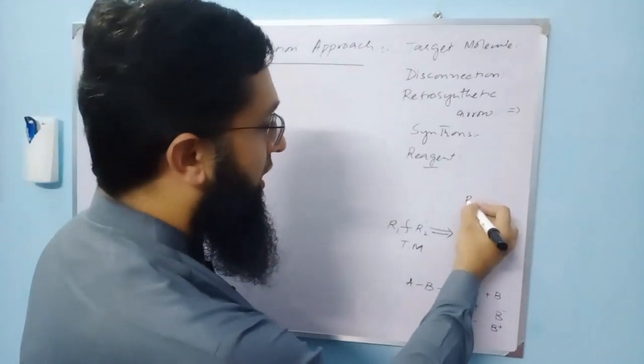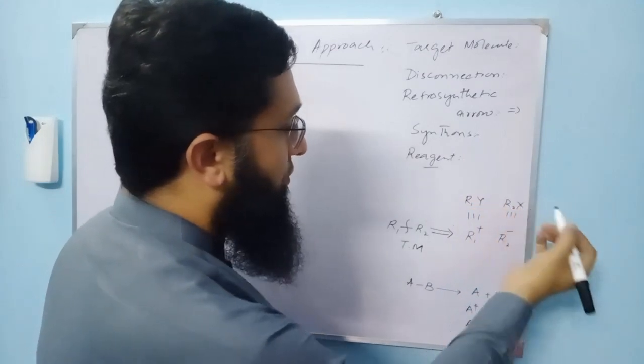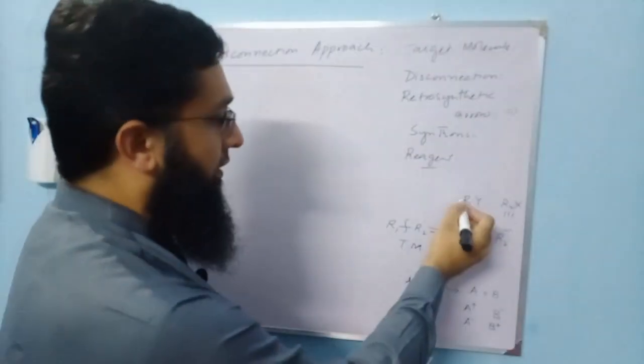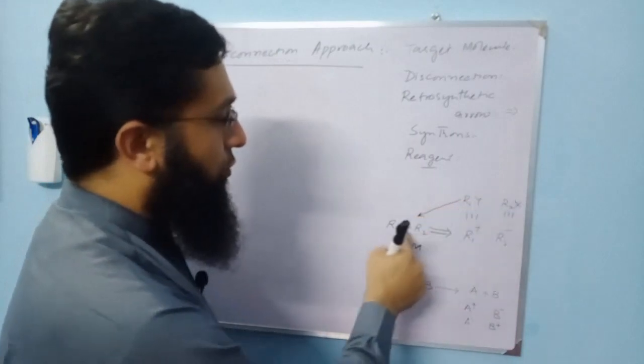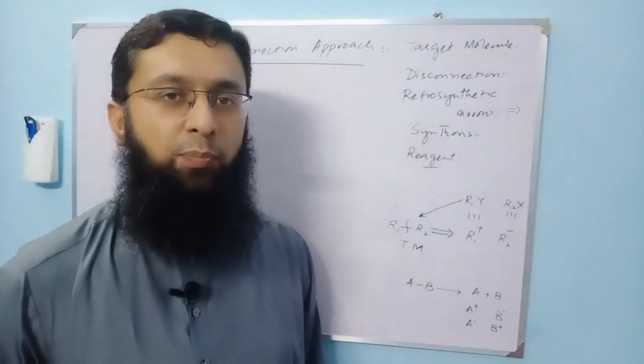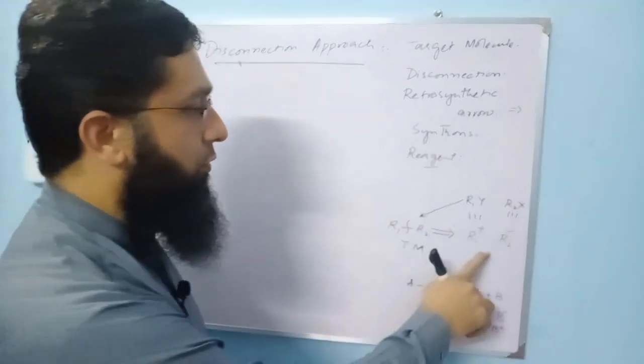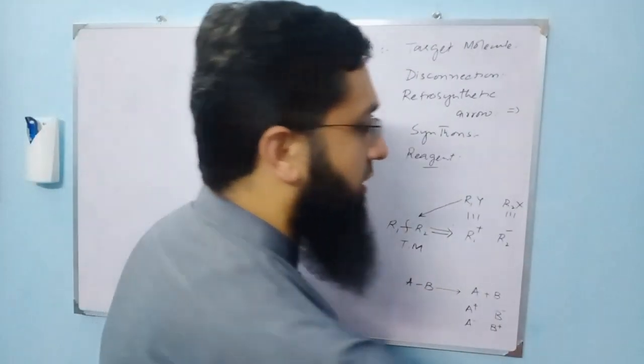For example, R1Y or R2X, for example, they in principle would react together to give this molecule. So it means reagents are real chemical compounds which are alternate or chemically equivalent to synthones. So these are some important terms.